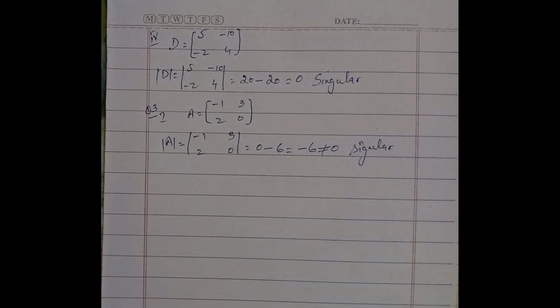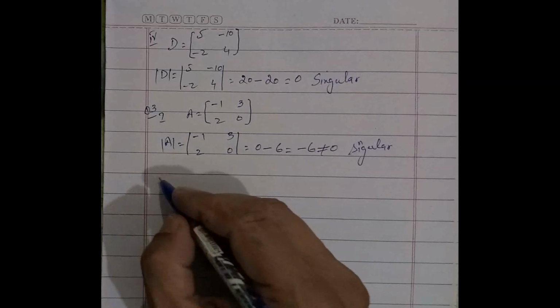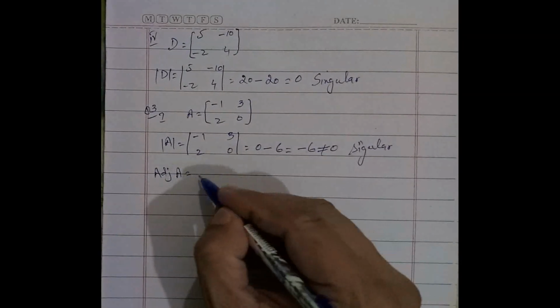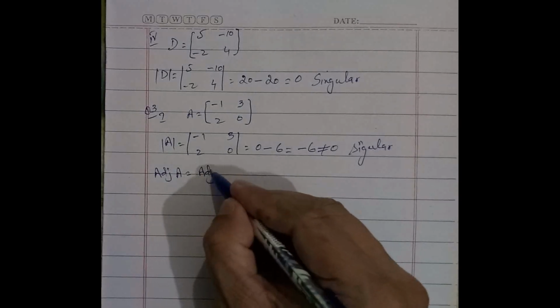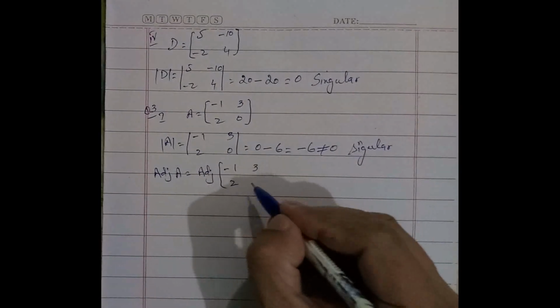So we can find the multiplicative inverse of A. After finding the determinant of A, we find the adjoint of A. The A matrix is [-1, 3; 2, 0].